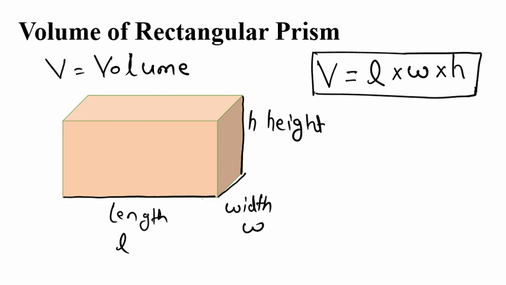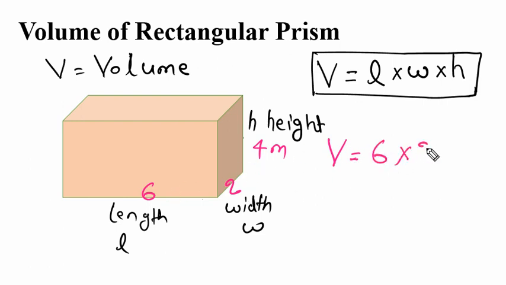Okay, now let's say the length is 6 meter, the width is 2 meter, and the height is, let's say, 4 meter. This is 6, this is 2, this is 4. Now what will we do? We will simply substitute. Volume is equal to length 6, width 2, height 4.